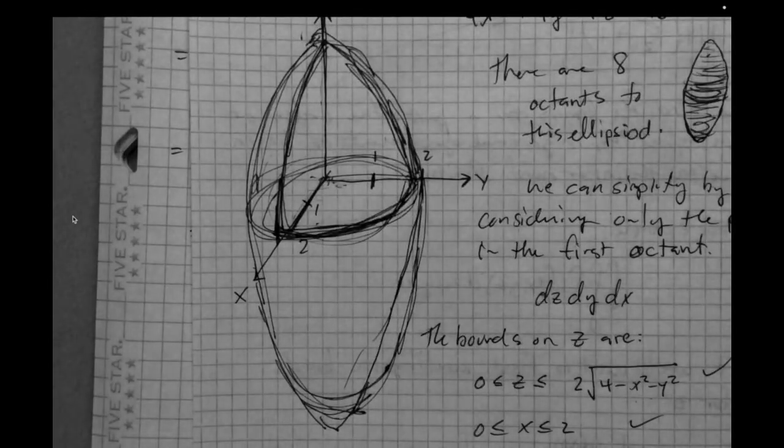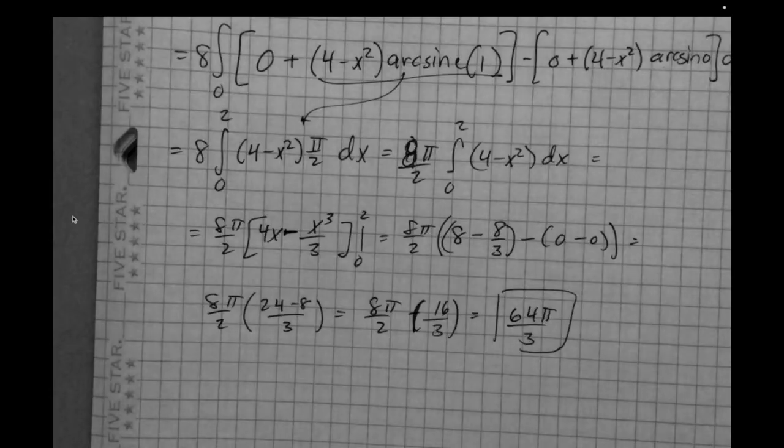We cut out this eighth of a section, figured out what the bounds are, set up the integral for just that one eighth of the piece, and multiplied the whole integral by 8 because there are 8 such sections in this thing, and the result is 64 pi over 3. Okay. All right. Very good.